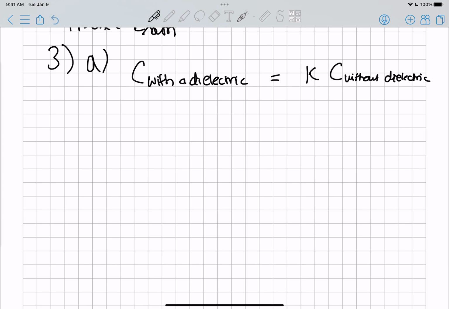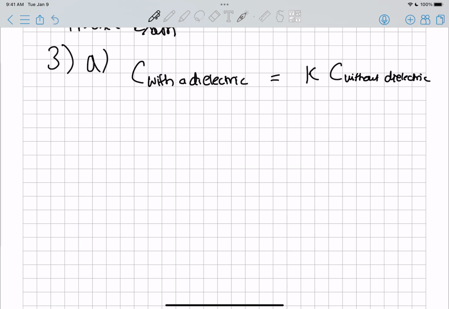Let's forget about equivalent capacitance for now. Let's just look at each capacitor alone. Which one is going to have the higher capacitance? With the dielectric, right? So B should have higher capacitance for every single capacitor relative to A, right?